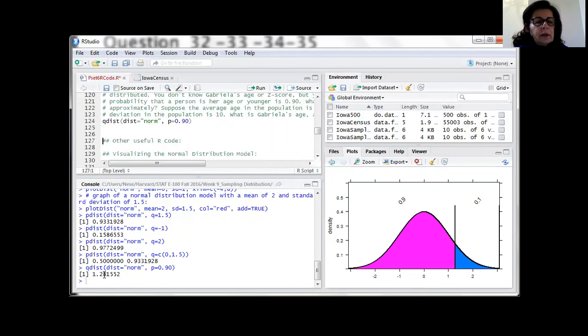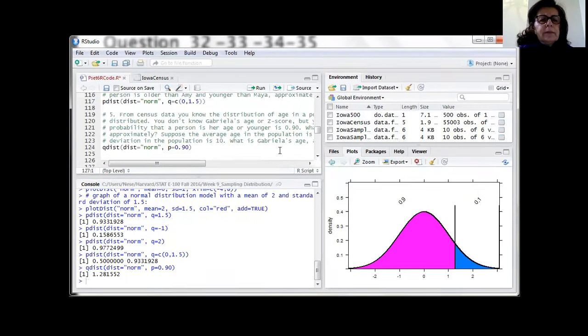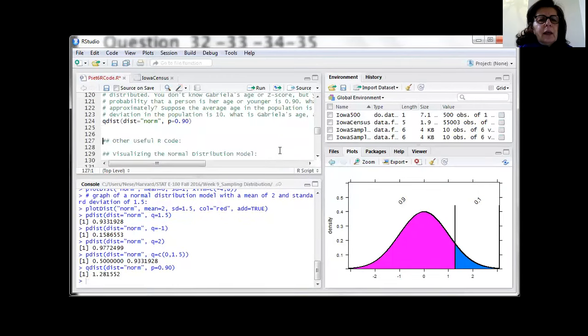This is our standard error. What this means is Gabriel's age is 1.28 standard error away from the population mean.